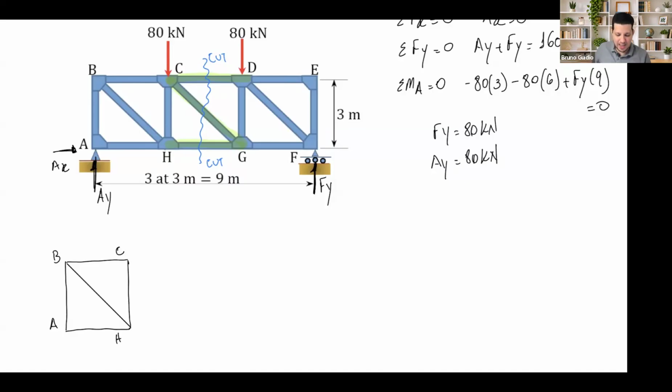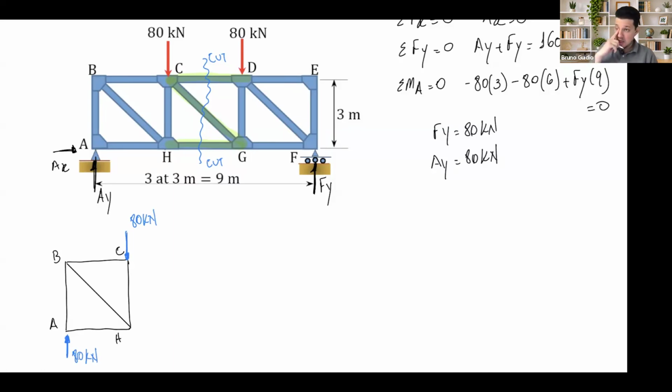What external forces do I have? 80 kilonewtons, and AY here, 80 kilonewtons. AX is 0, so I'm not bringing AX here.